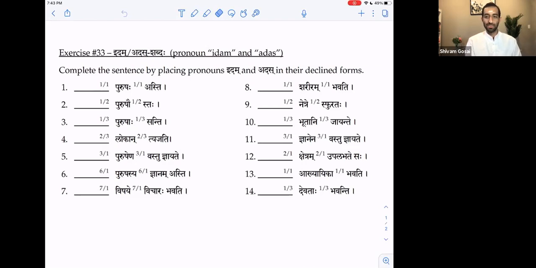This is pretty straightforward. This is the same as masculine 1-1. Aso, right? Aso akhyayika bhavati.